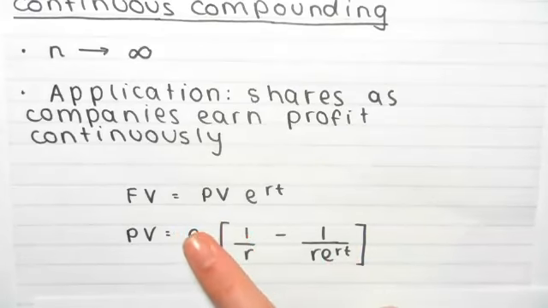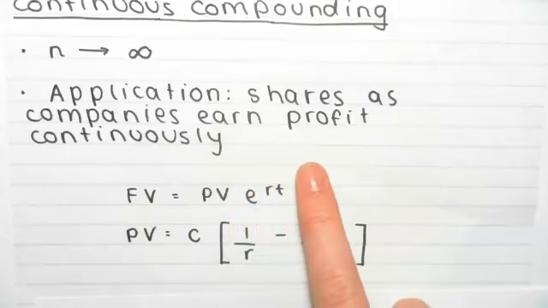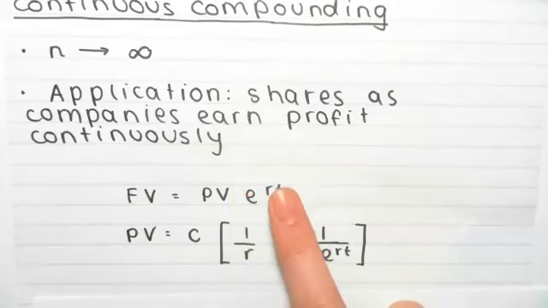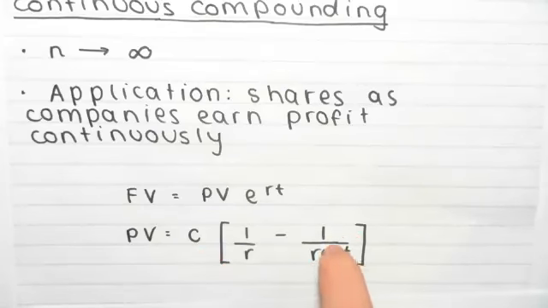Rather than future value equals present value times (1 plus r) to the power of n, that's replaced by e to the rt. And same for the annuity. This is an annuity case where c is your constant annuity. r is a nominal rate, so it's not actually an effective rate when we come to continuous compounding.